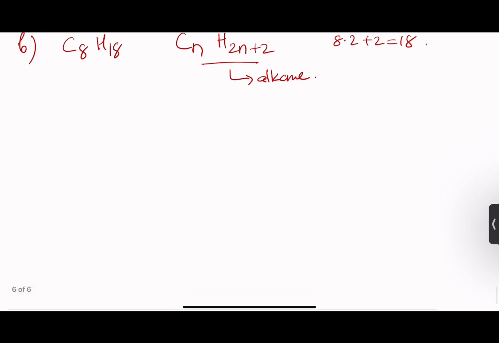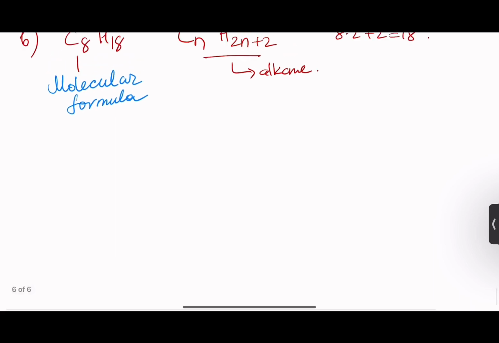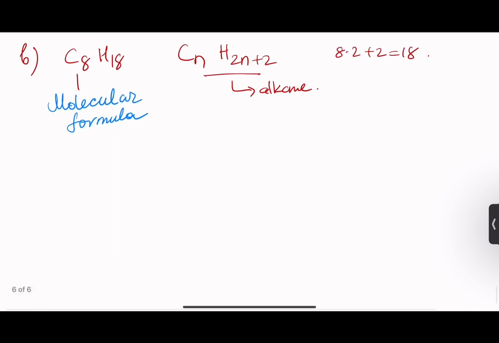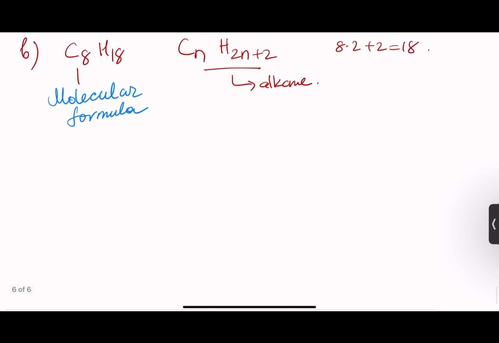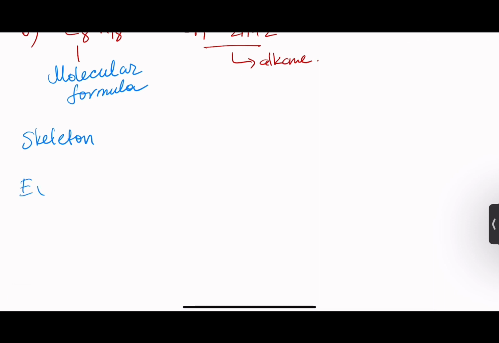I'm just going to draw, this is the molecular formula. Now I'm gonna draw you guys the expanded form, actually skeleton. So let's do skeleton, and then below we'll do expanded, and then condensed, and then line.